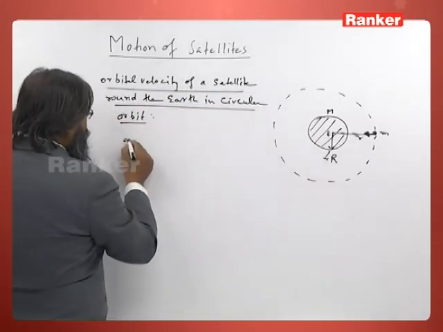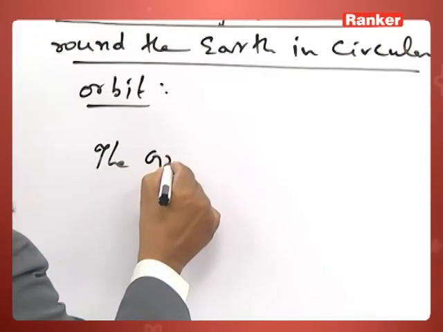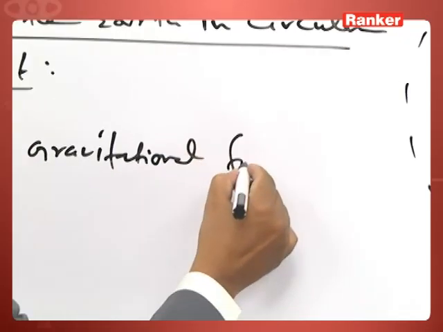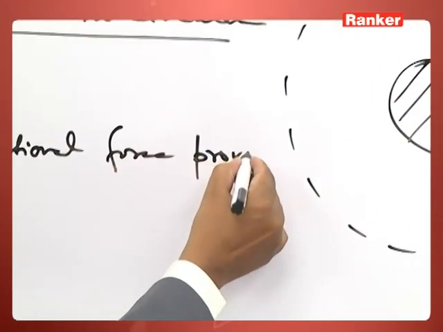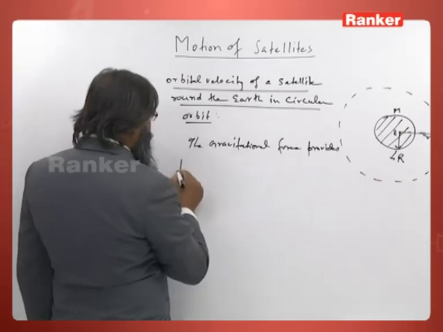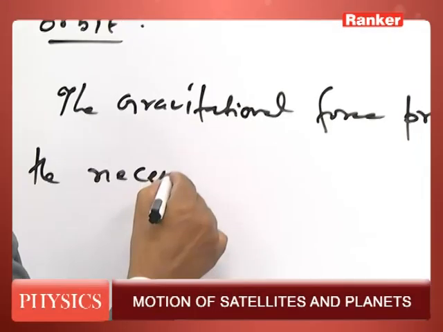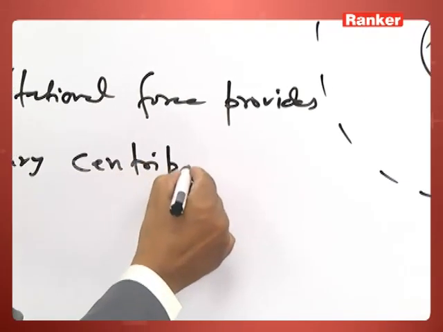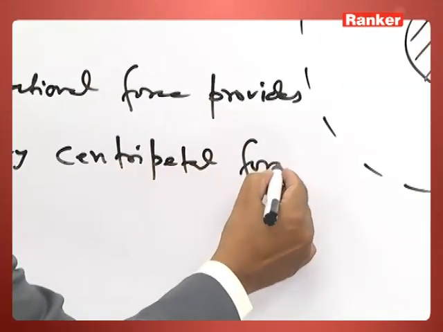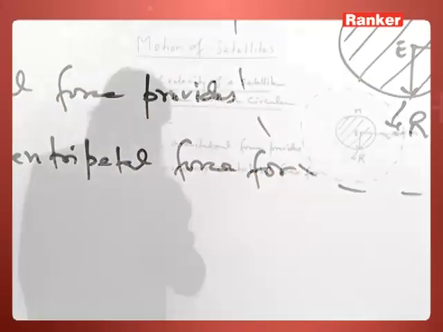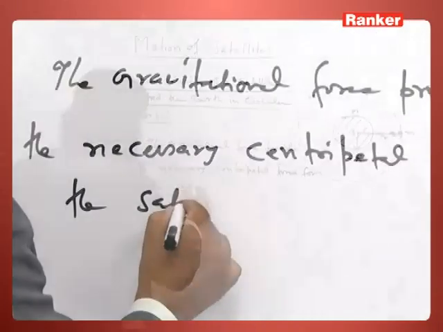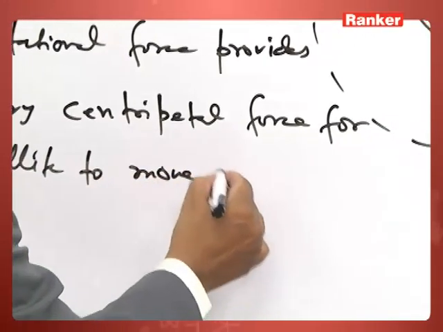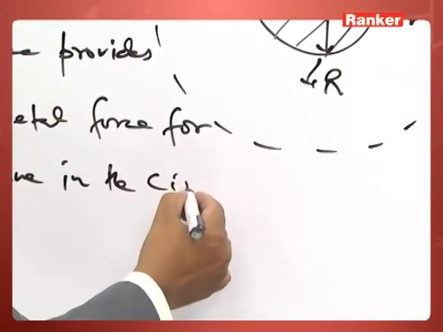The gravitational force provides the necessary centripetal force for the satellite to move in the circular path.